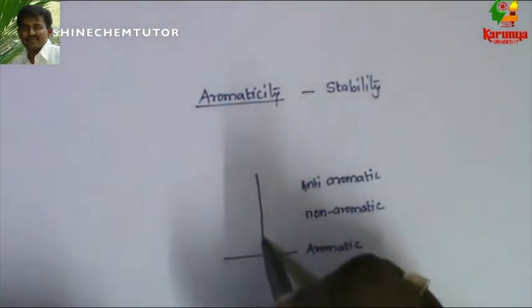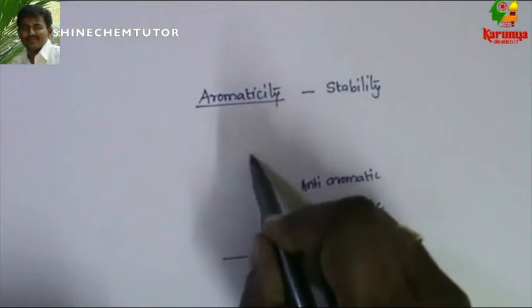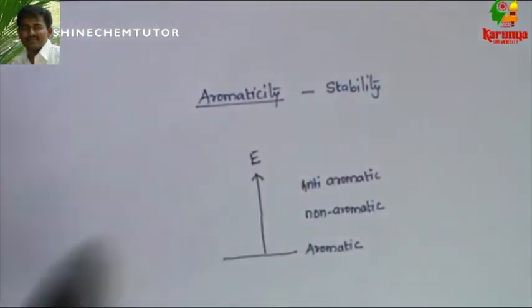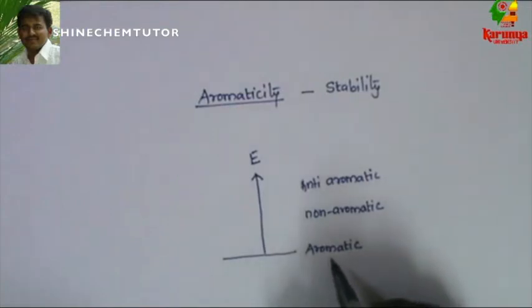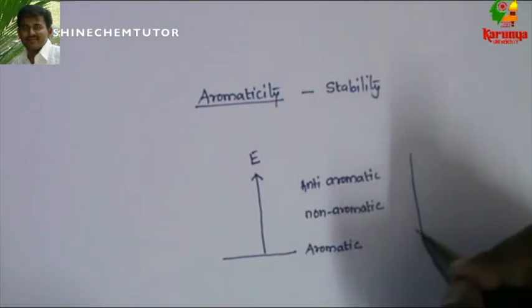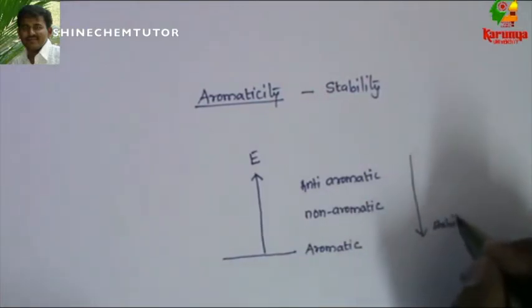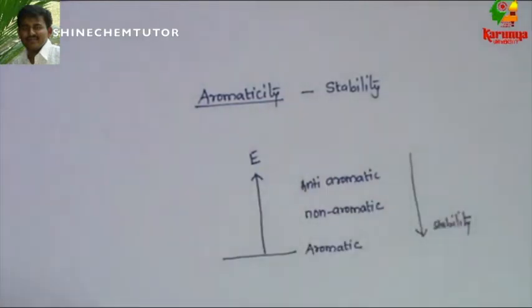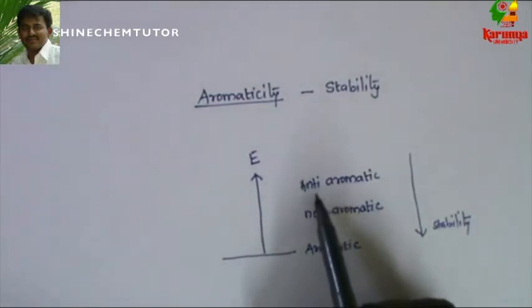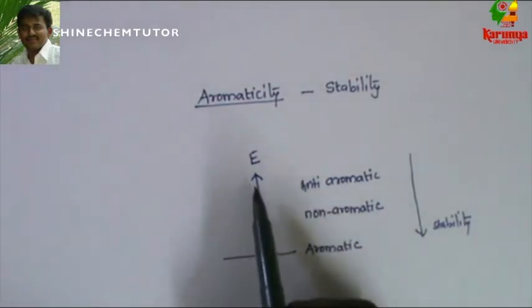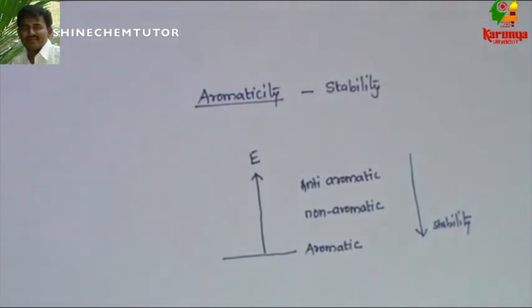This is how energy increases. Aromatic compounds have less energy and are more stable. Anti-aromatic compounds have high energy and they are less stable.